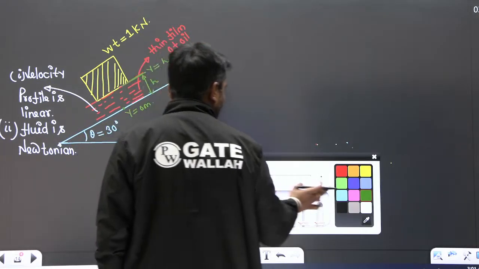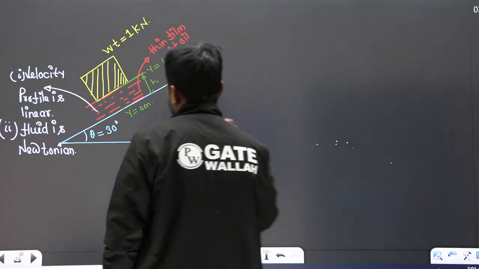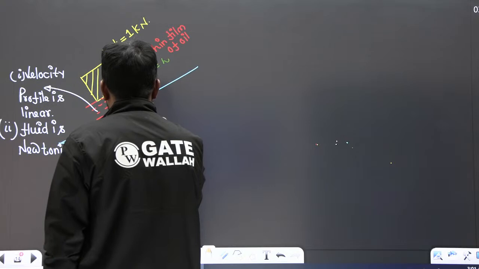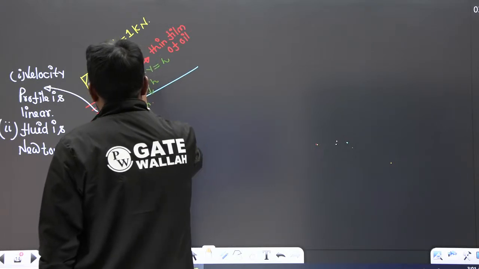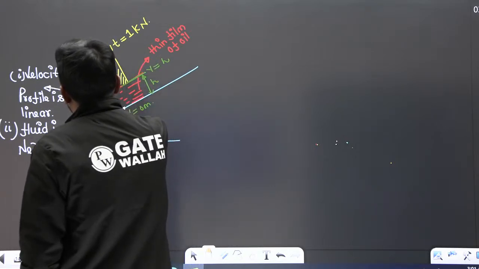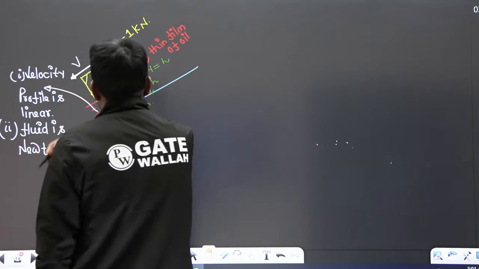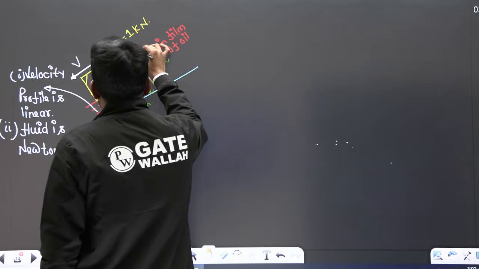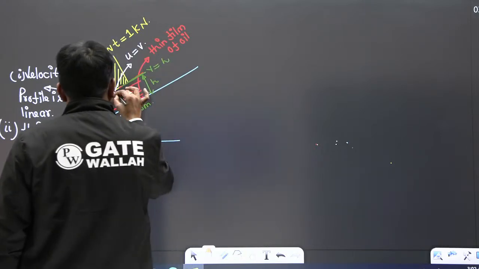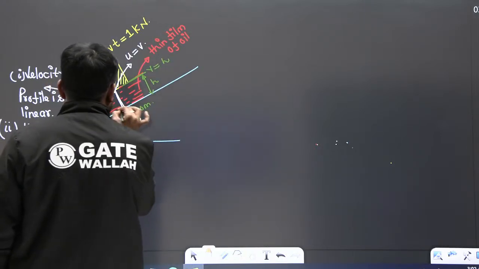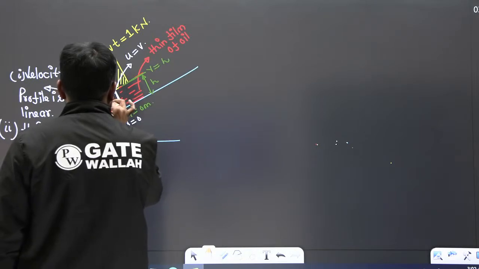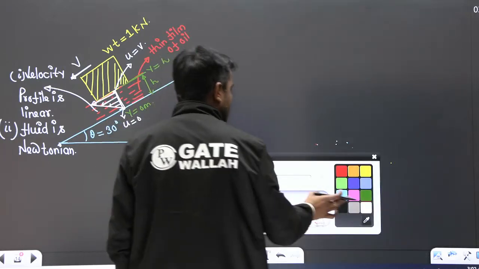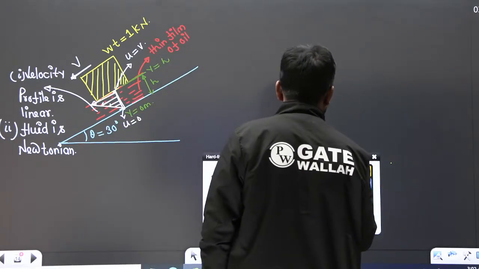So at this point the velocity will be 0. The attached fluid layer has a velocity 0, and if the block is moving with terminal velocity v in downward direction, at this point the fluid layer has a velocity of v, and in between the velocity profile is linear, something like this.